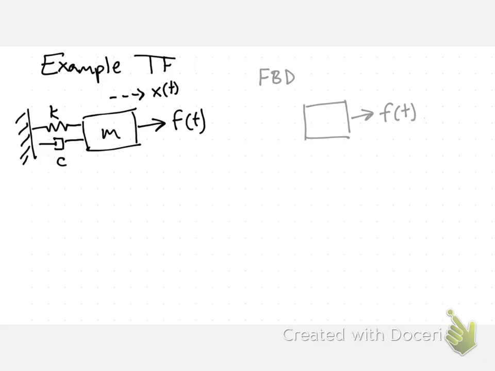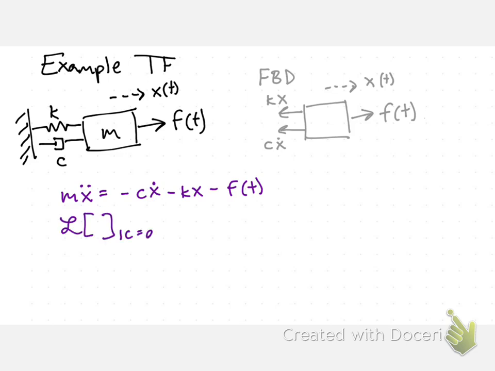If we wanted to do this from scratch, we would draw our free body diagram, use that free body diagram to sum up the forces in order to get a governing equation of the system. And then if we want to find the transfer function, we're going to take the Laplace transform of this equation, and we're going to say that all initial conditions are equal to 0.